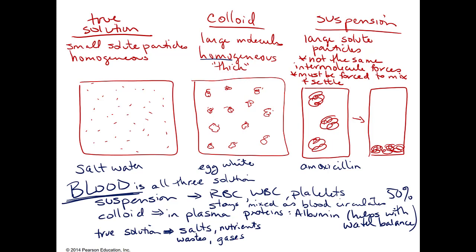Gases as well. What are the two main gases? Oxygen and carbon dioxide. Oxygen is brought in, carbon dioxide is on its way out. So the blood is actually all three. It has characteristics of all the different forms of solutions.